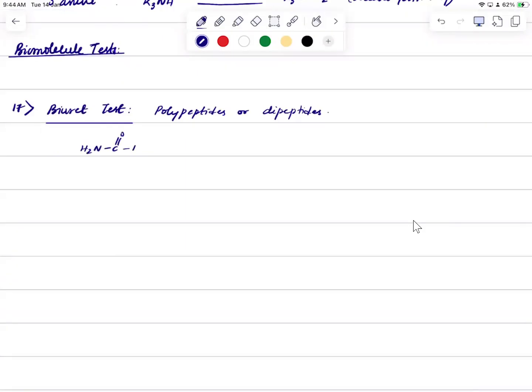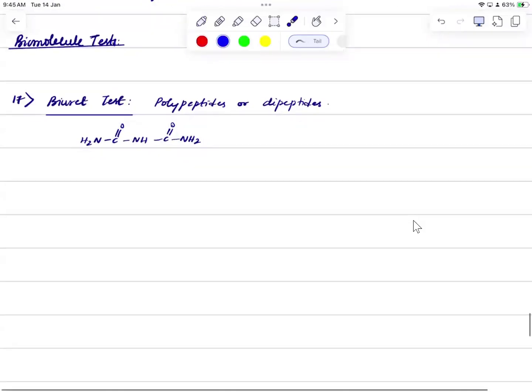H2N C double bond O NH C double bond O NH2. You can see there are at least two connections here. This is one C double bond O NH and this is another one C double bond O NH, like this or this way also. Correct? If you have two connections, then we can say it is giving a positive Biuret test.